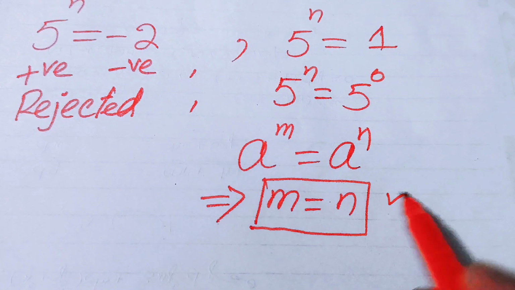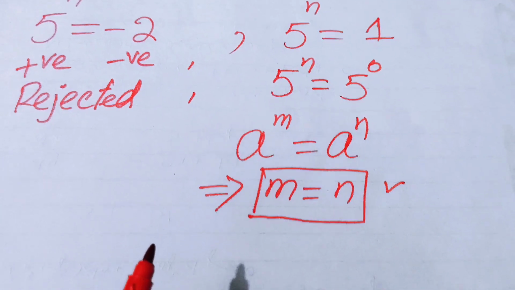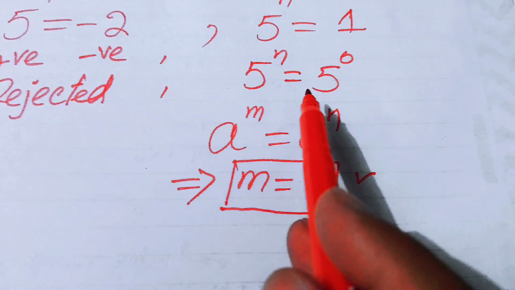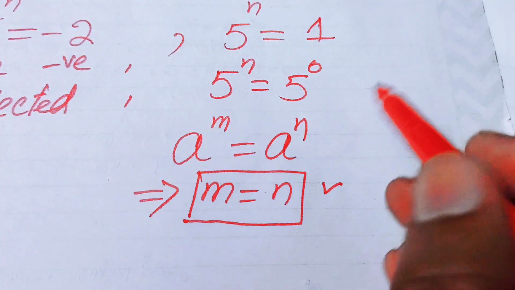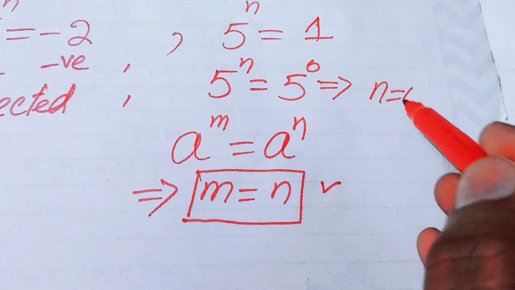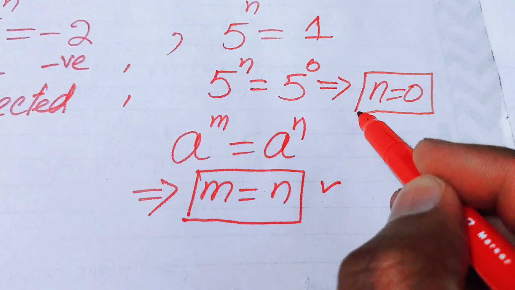According to this law, the bases on both sides are the same, so the exponents are equal to each other. So here you get n is equal to 0.